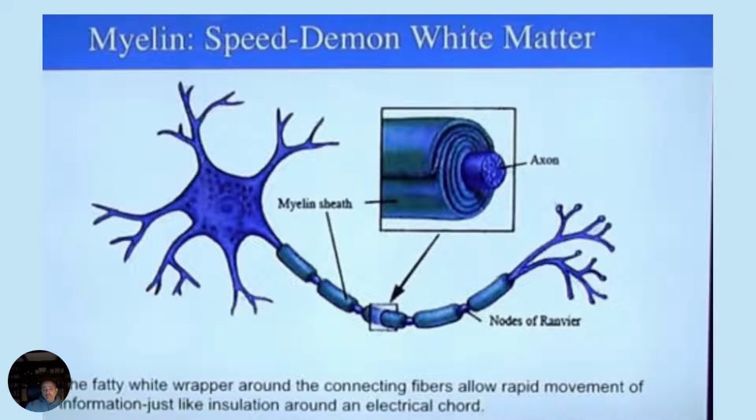What this fatty substance does is wrap around the cable, just like an electrical cord is wrapped by plastic insulation, and that helps with the communication. It helps with the movement of the neurons.